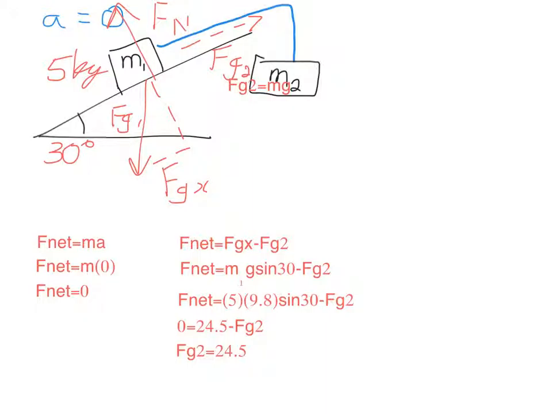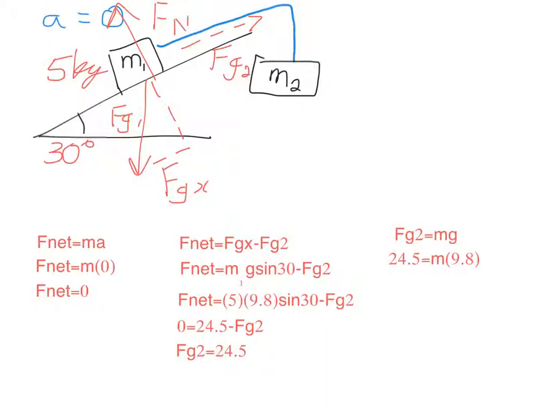FG2 equals mg. Plug those values in. I have 24.5 equals m times 9.8. And so I'm just going to divide.